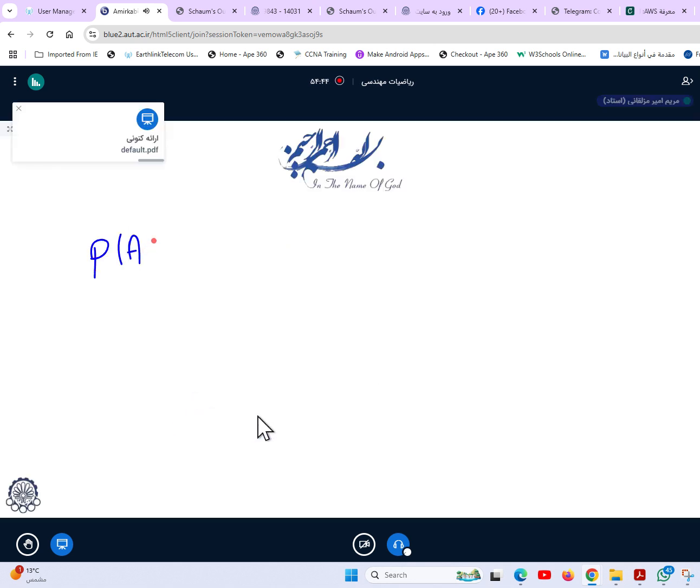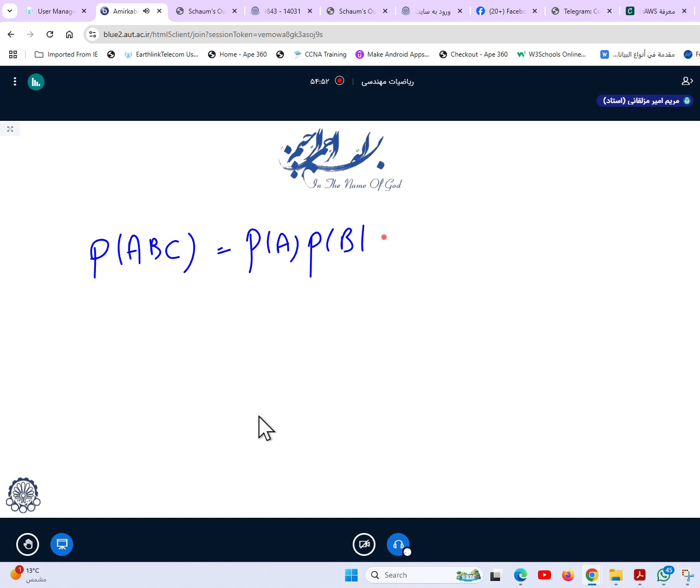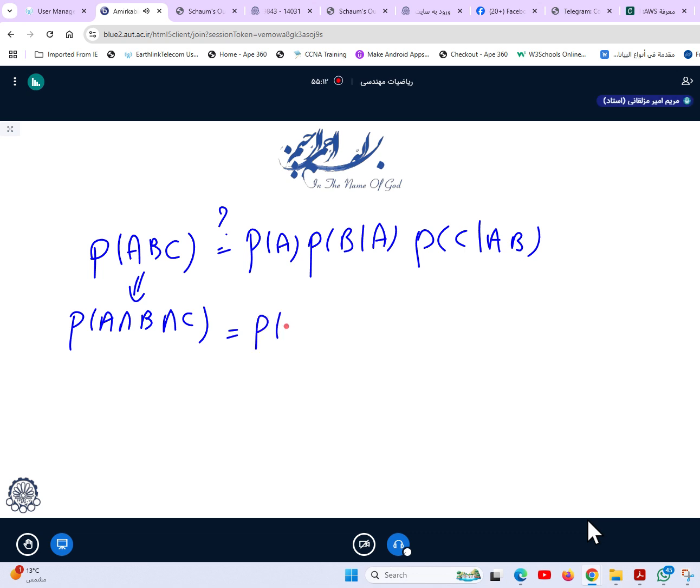We now want to prove that probability of A, B, and C is equal to probability of A, probability of B given A, and probability of C given A and B. We want to prove this formula. We start with writing the meaning of this probability. Probability A, we write the definition of probability B given A. What's the formula of this conditional probability?